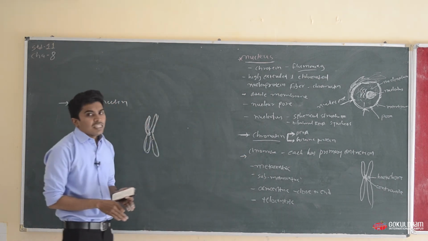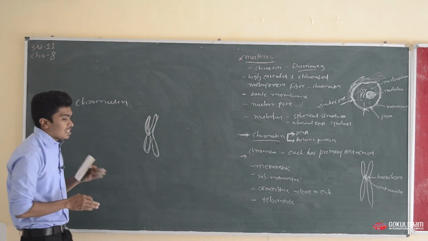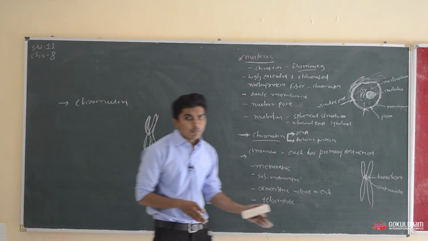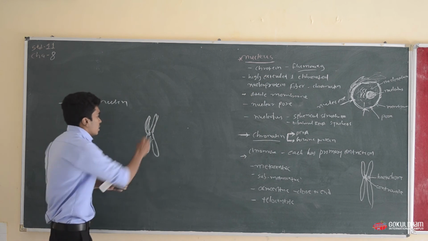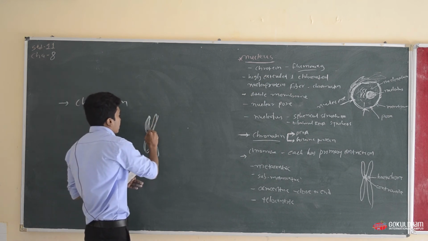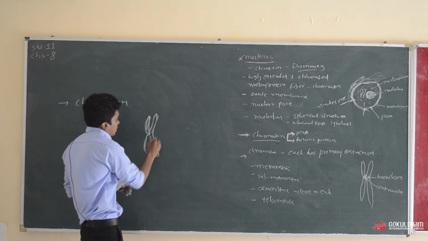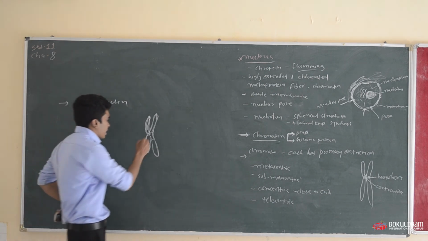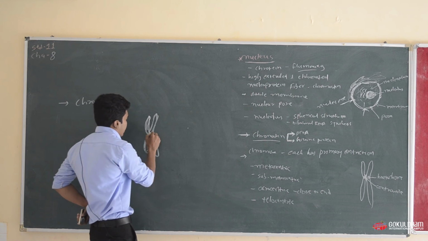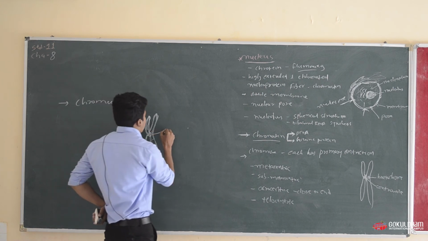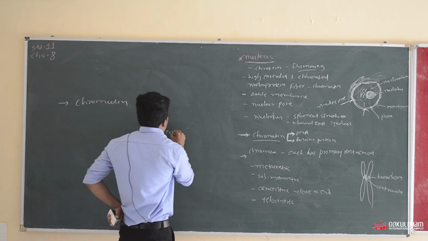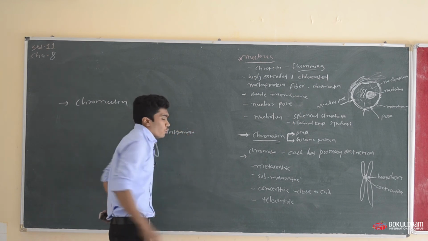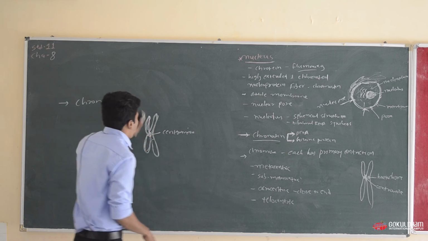After interphase, when the cell enters cell division, the nucleolus and nuclear membrane disappear, and the chromatin forms a structure like this, known as a chromosome. The chromosome has a central portion known as the centromere. It is also known as the primary constriction.